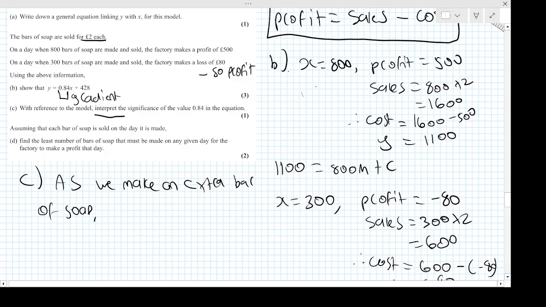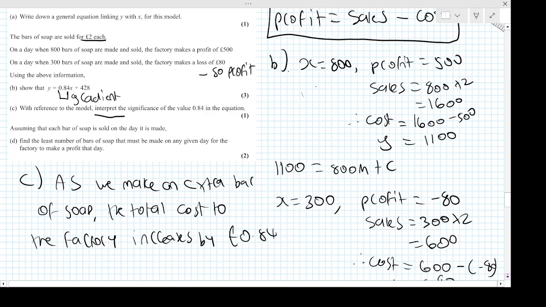So y is the total cost to the factory. So the cost to the factory increases by 0.84 pounds or 84p, depending how you want to write it. But there we are. Cool.